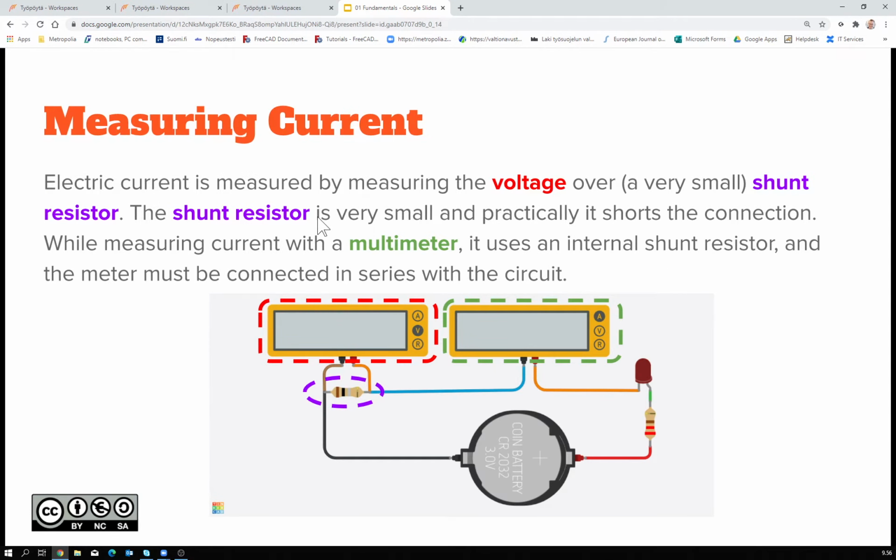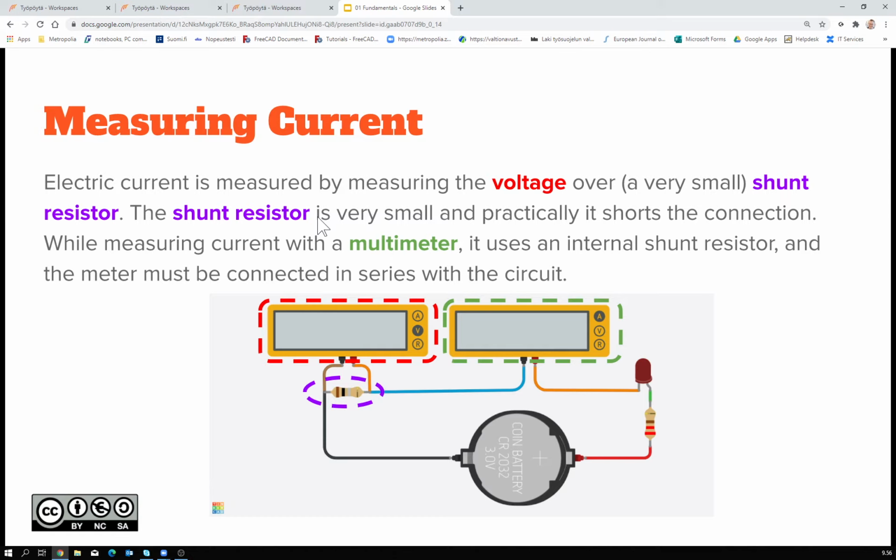Measuring current. Basically, measuring current in electronic multimeters is based on measuring the voltage over a known shunt resistor. A shunt resistor is very small, and practically it shorts the connection. It is small enough that it does not cause much of a problem for the circuit.